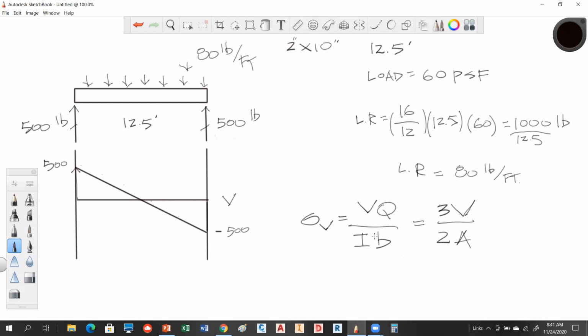Because it's a rectangular cross section. If it's a rectangular cross section, you can always use this one, but if it's non-rectangular, you're going to have to use the other. So we're going to solve it with both equations, just to show you that they both work.